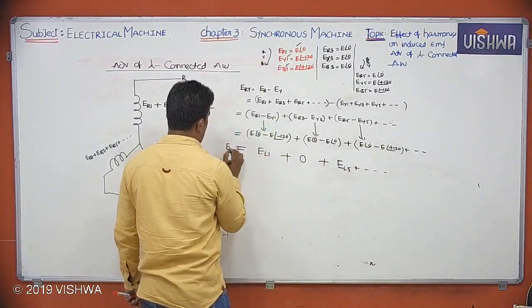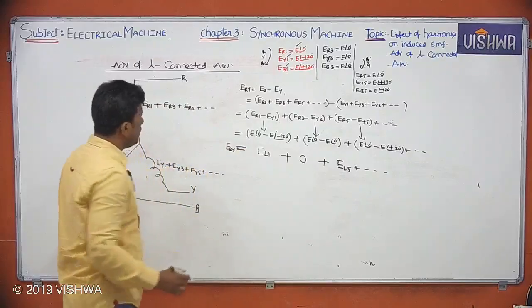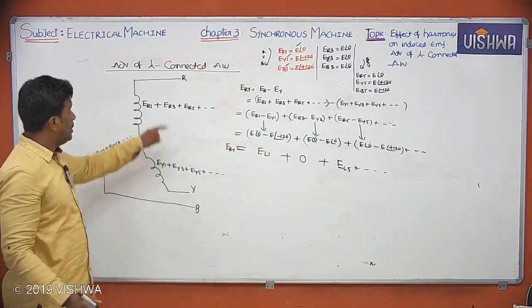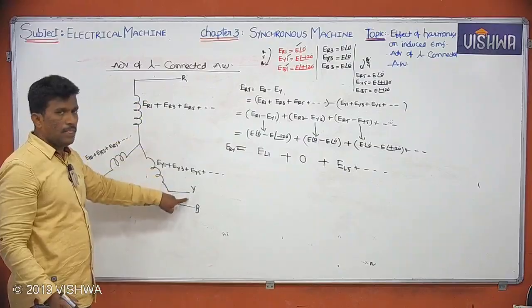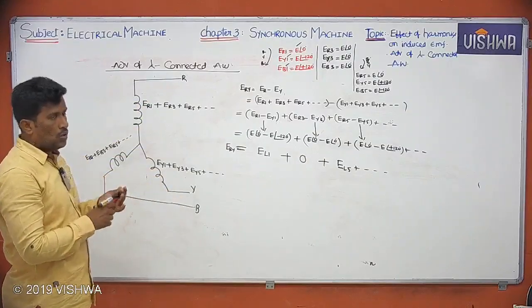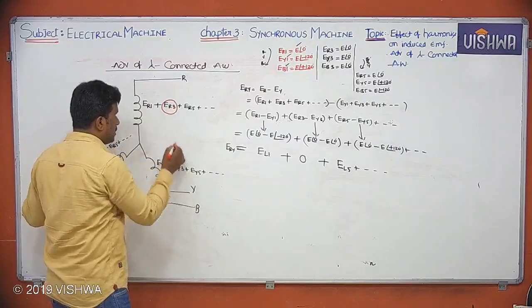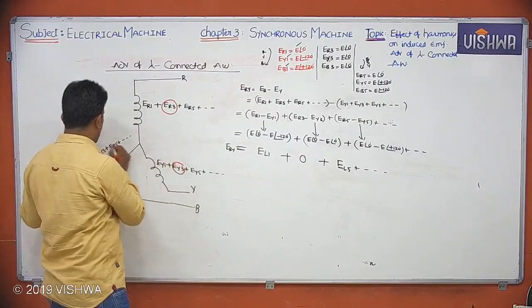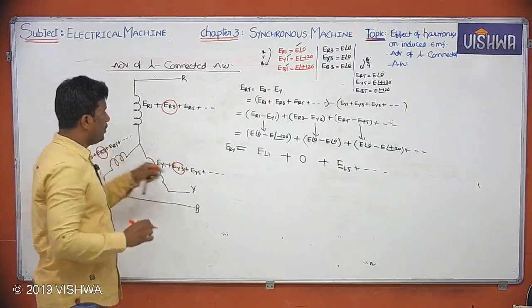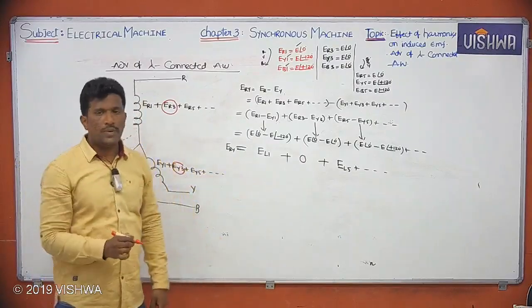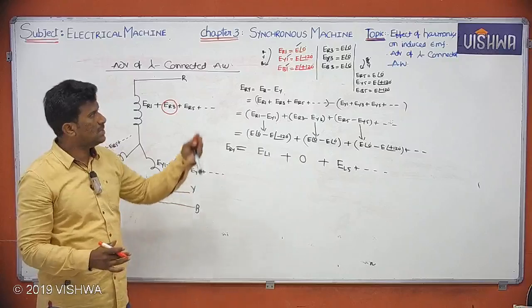So please observe one small thing here. In the star armature winding, though third harmonic voltage exists in a phase, ER3, EY3, EB3, what about in line? Those are not present. They cancel with each other because the displacement is 0 degrees.